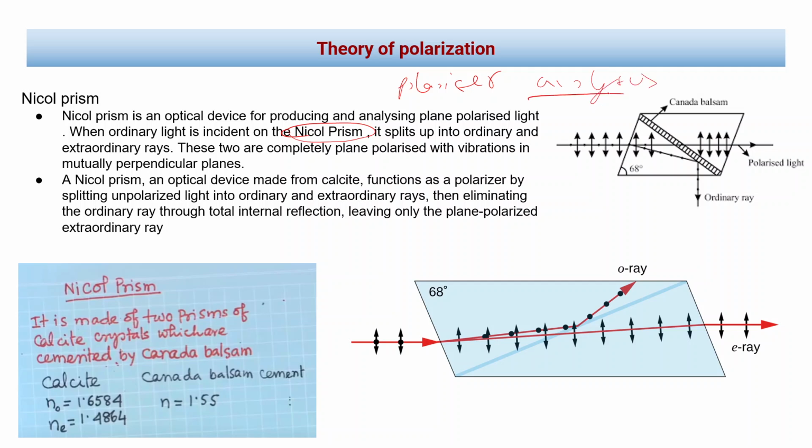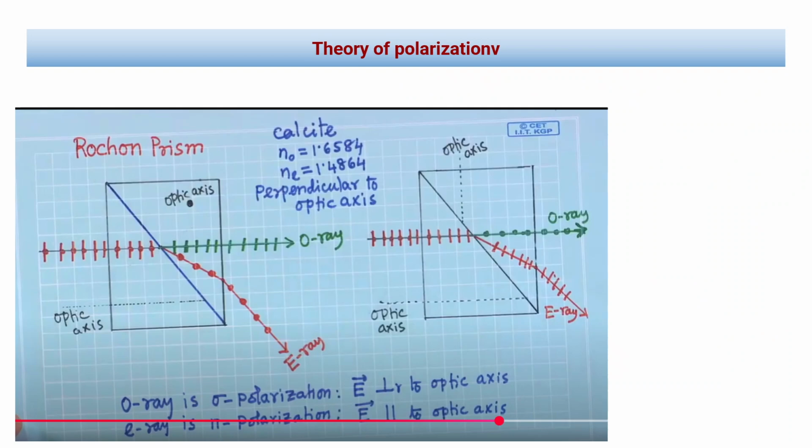We use it to analyze whether the light we are getting is polarized or not. If it's not polarized, then whatever angle I change the analyzer to with respect to the polarizer, I'll still get some light outside, because the electric field is varying in all directions. But if it's polarized, then the condition will be different. That also we have discussed.